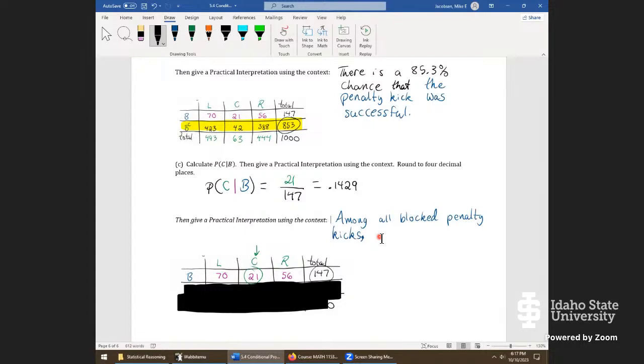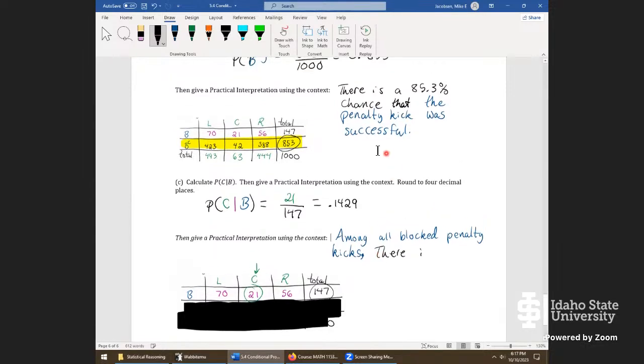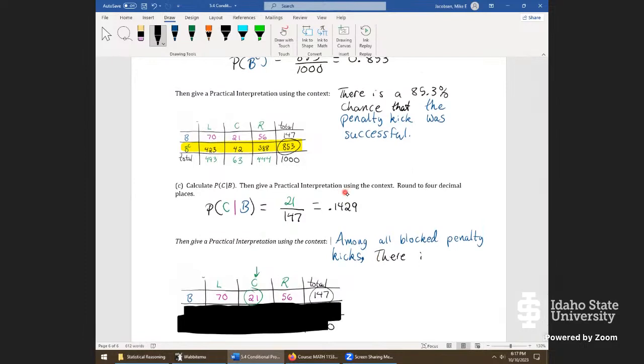Yeah, go ahead. There's a 14.29% chance for that to be something. Exactly. So we'll convert that to percent. There is a 14.29% chance that, and then you said next, the goalkeeper stayed in the center.